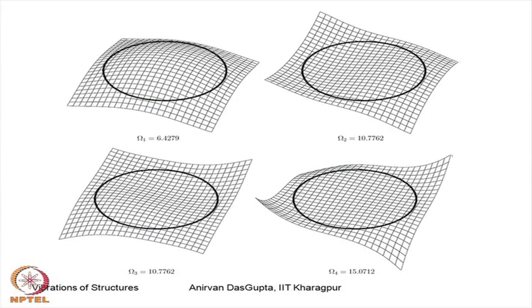shows the modes of vibration of the plate. So, this is the optimal radius, which happens to be around 0.8 non-dimensional value. So, the radius is 0.8. This is the fundamental mode. These two are the degenerate modes.